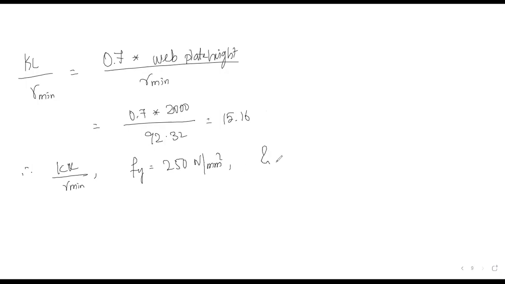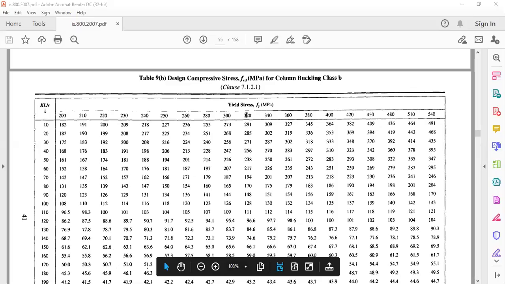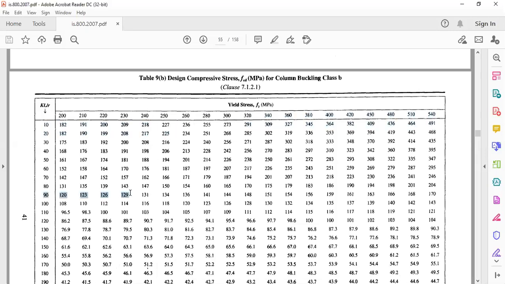So with the value of KL by r minimum, buckling class C, and the fy value of 250 Newton per mm square, from table 9C, the FCD value becomes, okay, I'm sharing this. 250 and 92 point something, so it is around 134.